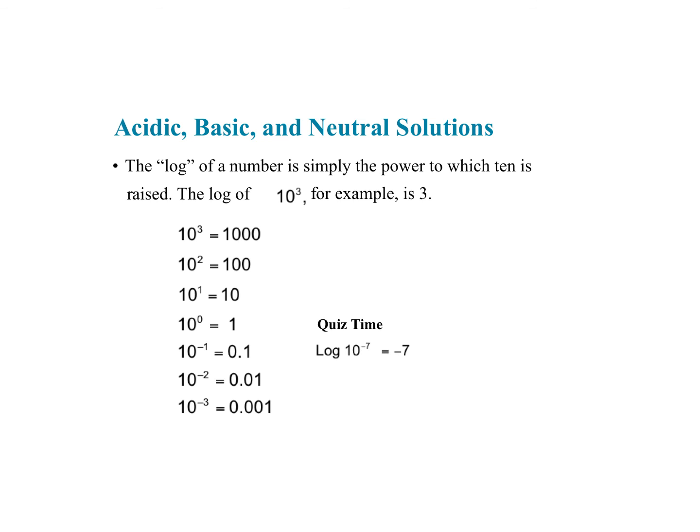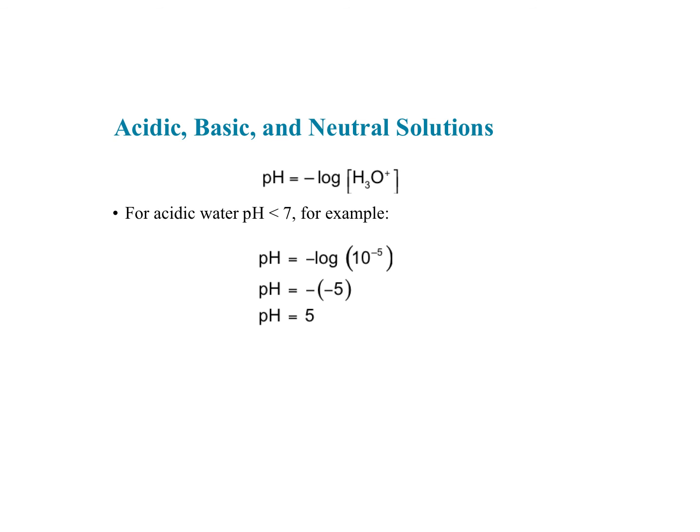It's that easy. So let's apply this again to our definition of pH. We know that the pH is going to be minus the logarithm of the concentration of hydronium ions, in moles per liter. So for acidic water, the pH is less than 7.